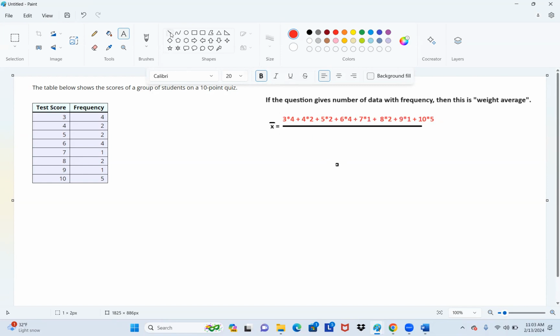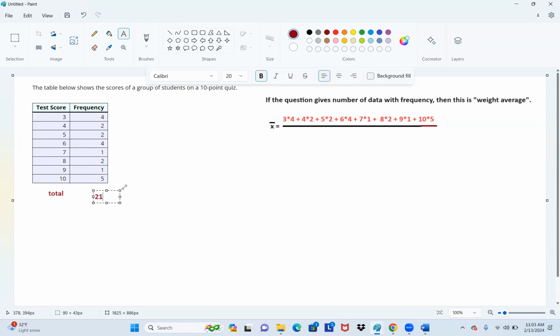So the total frequency should be computed by adding everything together in this column, so we can find the number of students who took the quiz. So in this scenario we have 12, and then 13, 15, 21.